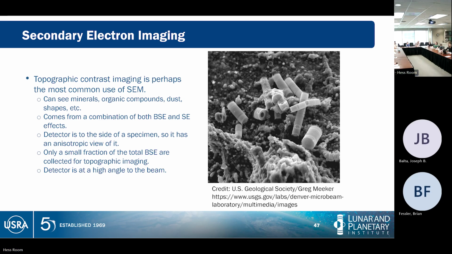The secondary electron detector, on the other hand, is usually used for things that have some amount of surface features to them, some amount of topography. You can see minerals or organic compounds, dust. Okay. There is some influence of backscattered electrons on secondary electron detectors.